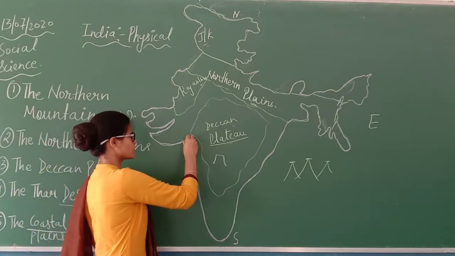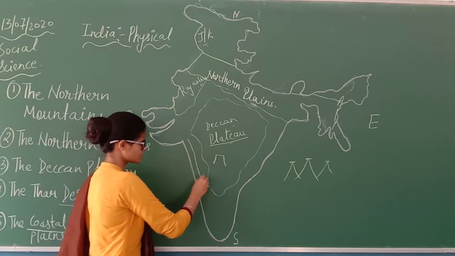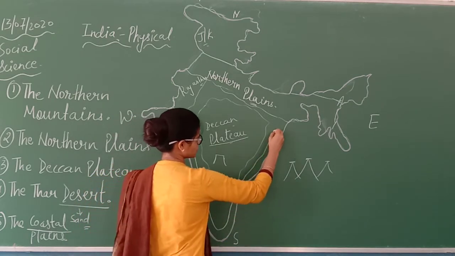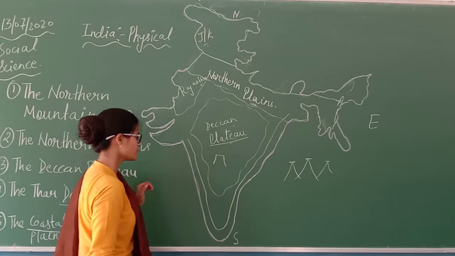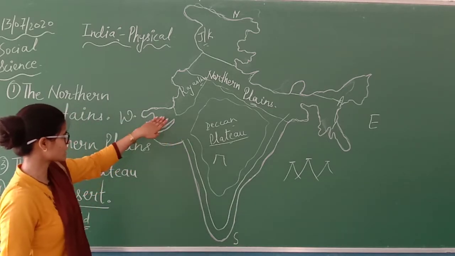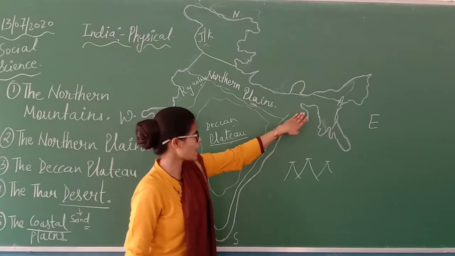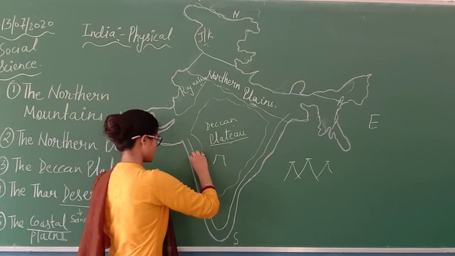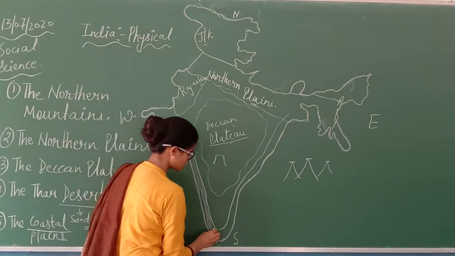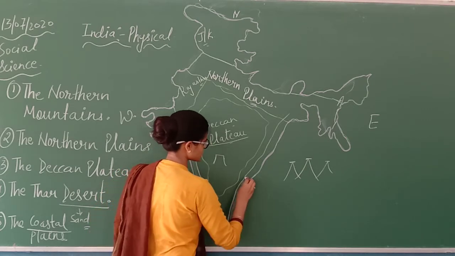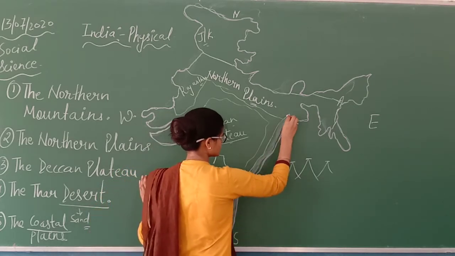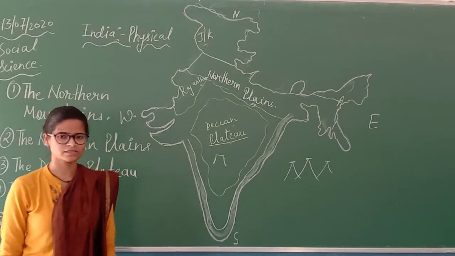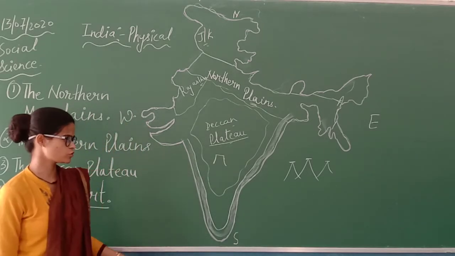Coastal lines are from here, Gujarat, to Calcutta, or you can say Kolkata. ठीक है, गुजरात से, ये पूरा गुजरात का पार्ट है आपका, और यहाँ आपका आता है कोलकाता. तो ये पूरे जो एरिया है, this area mainly is your coastal line, and you can say coastal plain. So this coastal plain is divided into two parts.